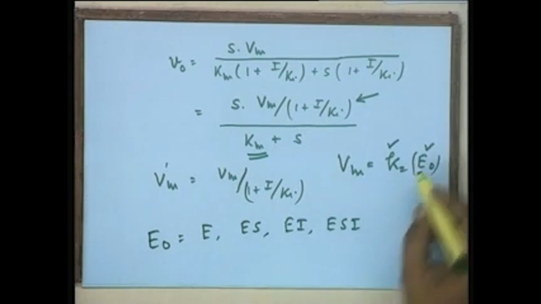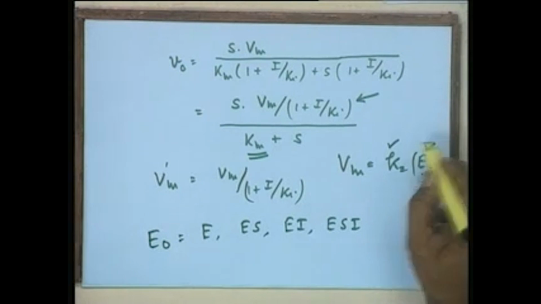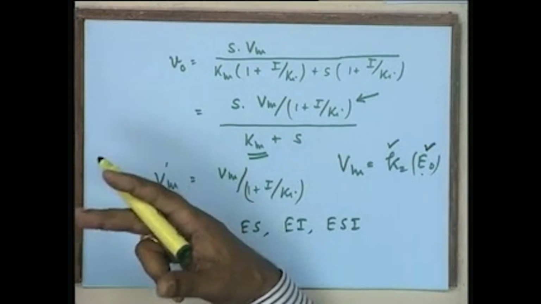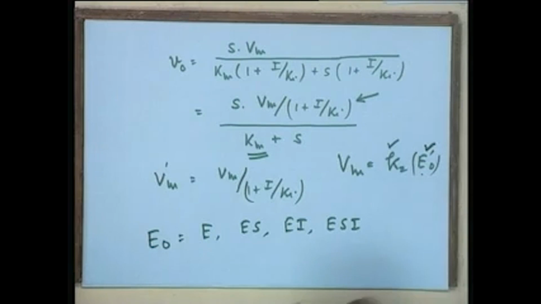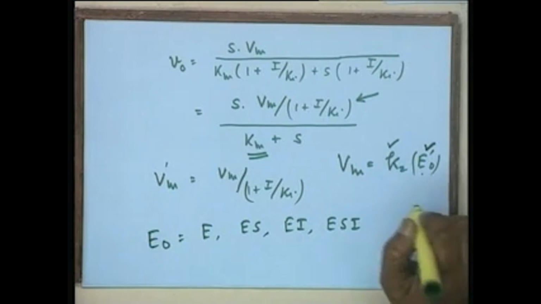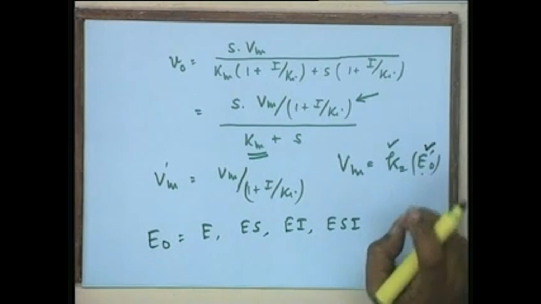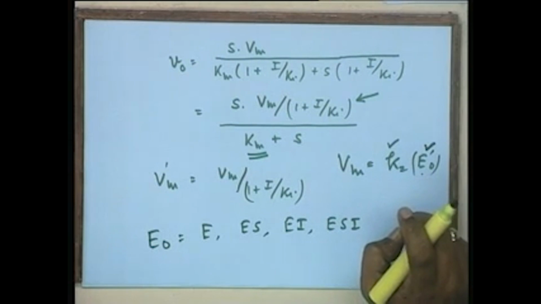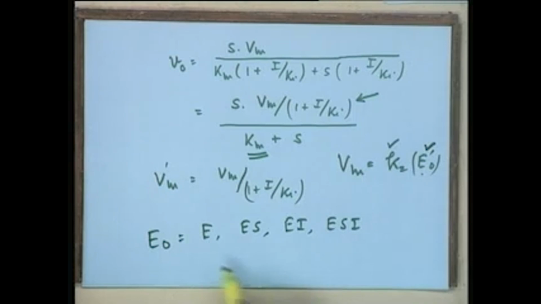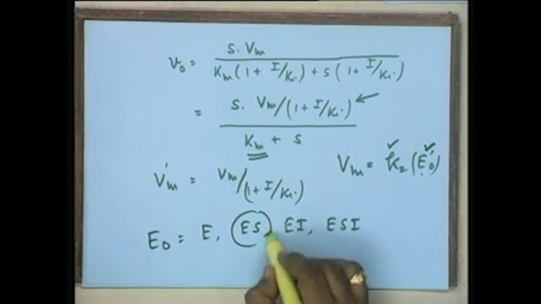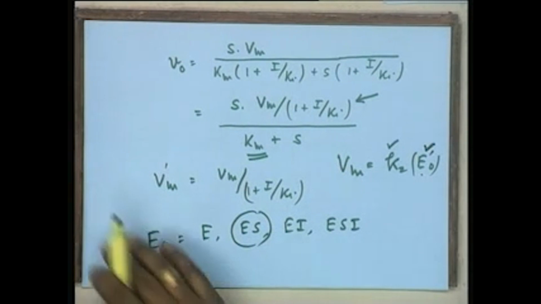So basically E0 is not reduced, but the effective total concentration of enzyme, let us say E0 prime, the effective concentration of the enzyme which is catalytically functional, is reduced, and it is only the ES component which is catalytically functional.